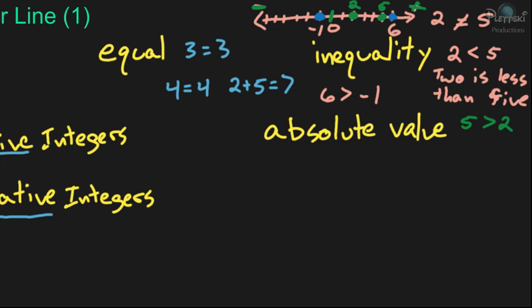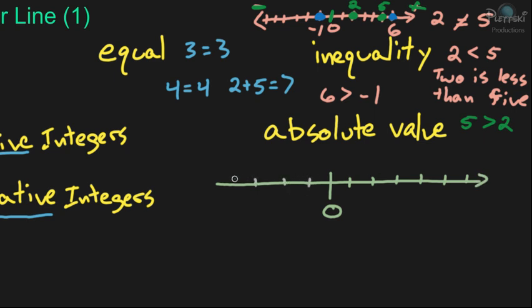Okay, now that brings us to absolute value. What absolute value is, well, simply put, it's the distance away from 0. So if you think of a number line again, here's 0. The distance away from 0 is what an absolute value is.